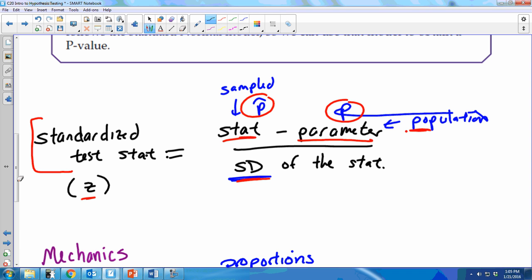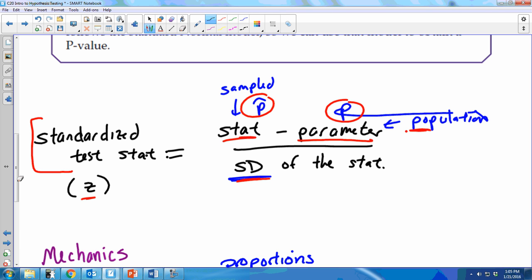It says stat minus parameter. Again, the statistic is something you sampled. The parameter is from your population. So you have to know that vocabulary. If you know statistic is a sample and parameter is population, then you know it's p hat minus p, and then divided by the standard deviation of the statistic, which again, that formula is on the formula sheet.